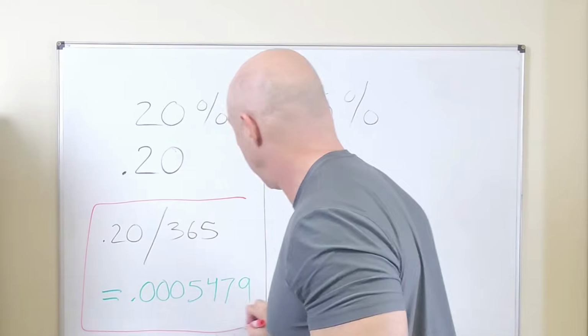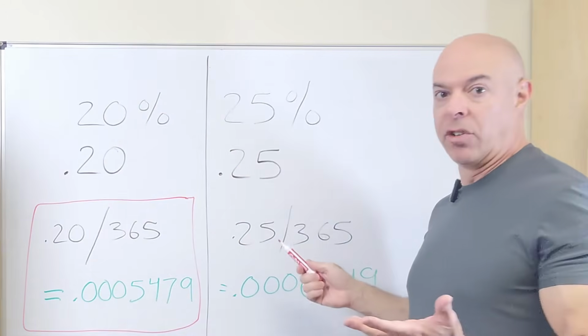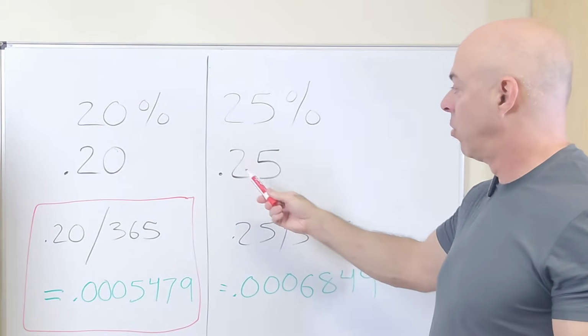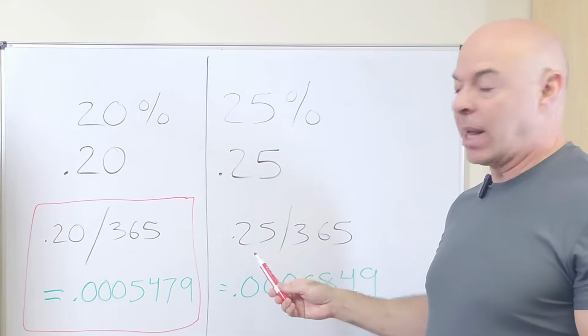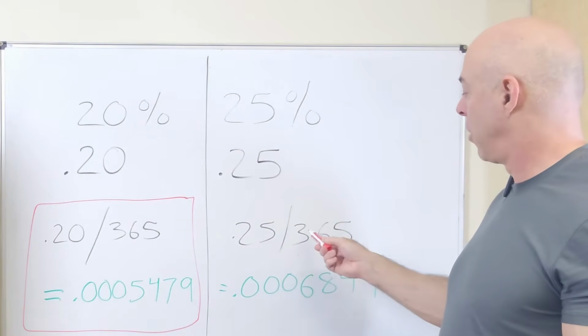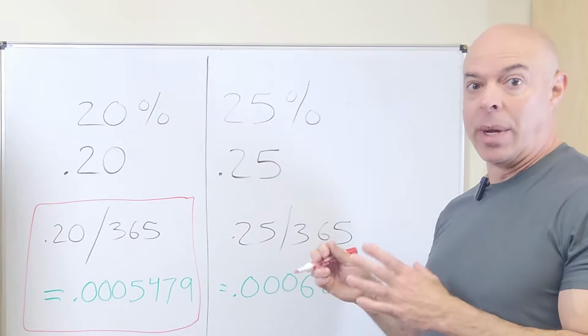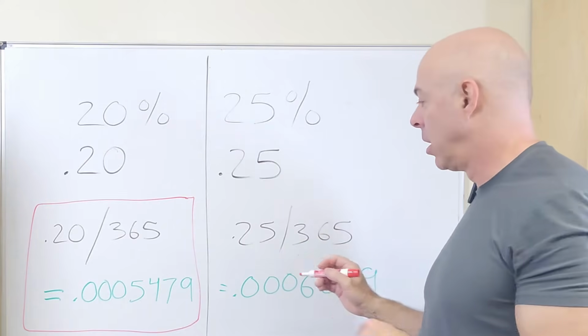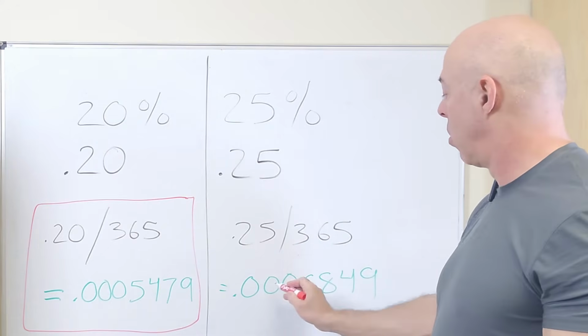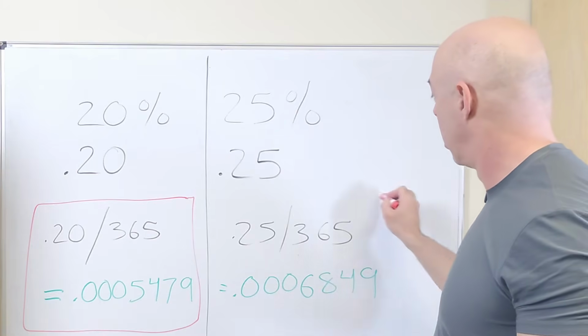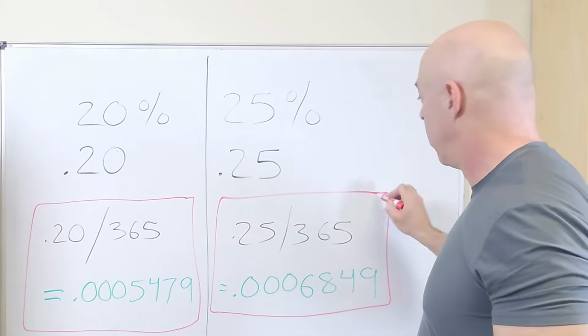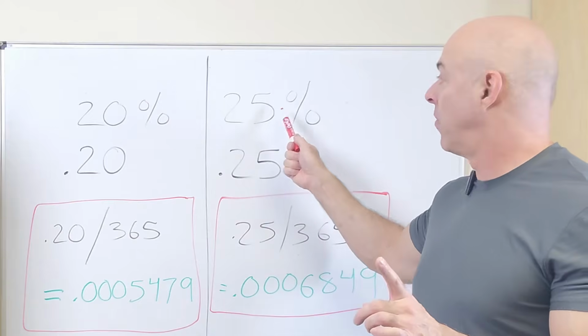So that's at 20% interest. As another example, 25% interest represented as 0.25. So we have our 0.25 divided by 365 days. So we can get a daily interest calculation. And that comes out to be 0.000684.